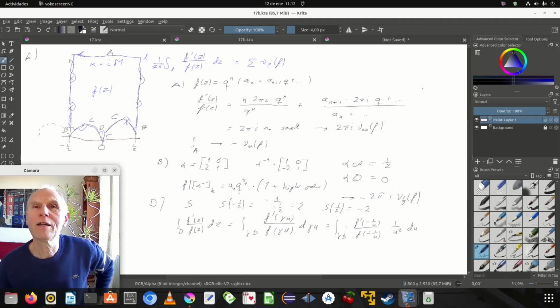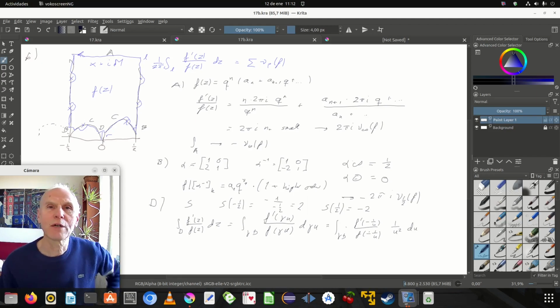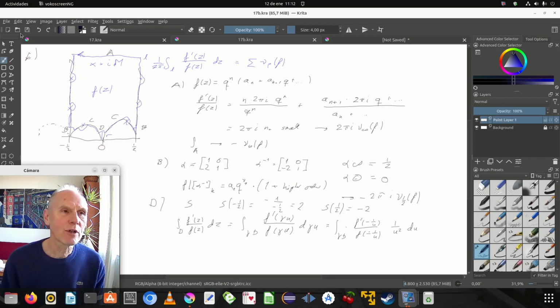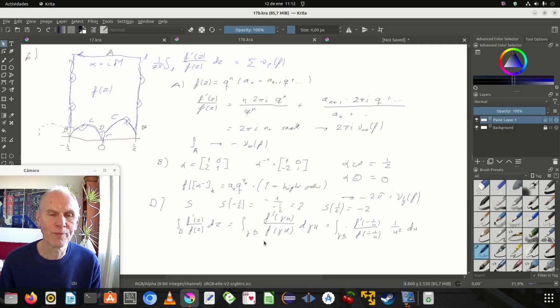Hello, Friday, January the 12th, 2024. I've looked a little at the problems I ran into here. What really stopped me was that I wasn't able to change the parametrization of this curve, as you can see. That was terrible.